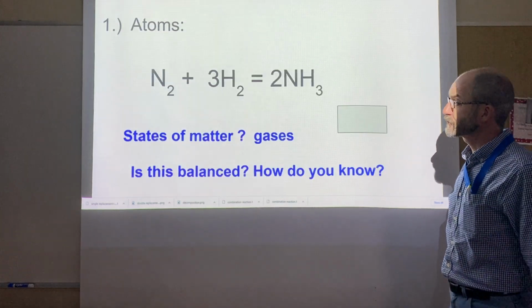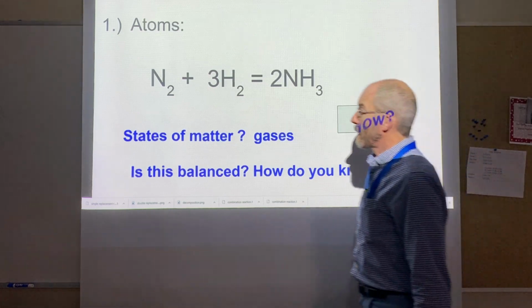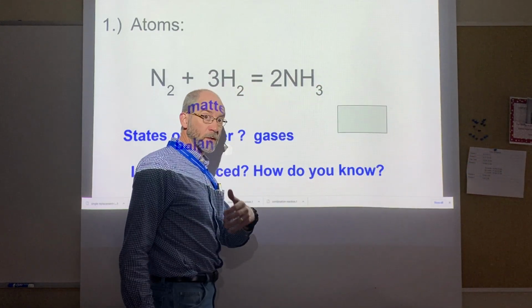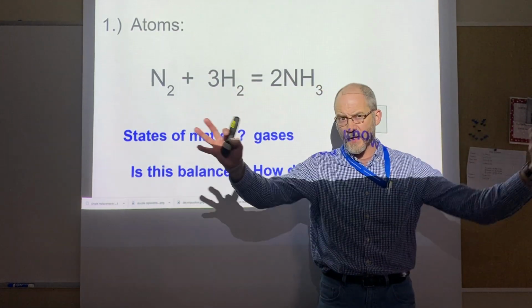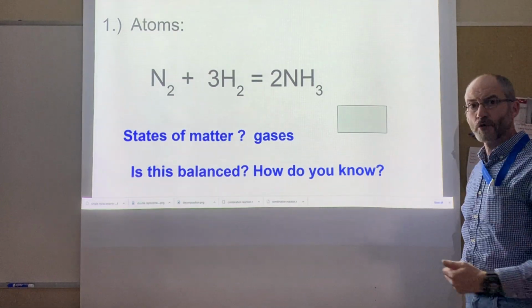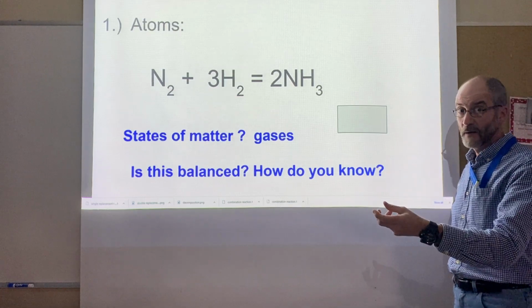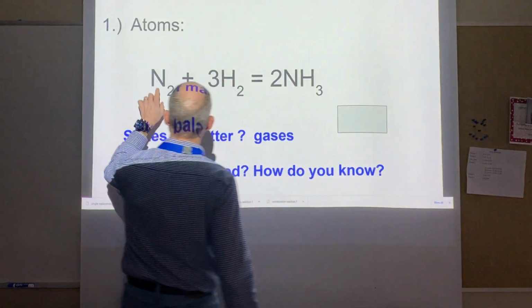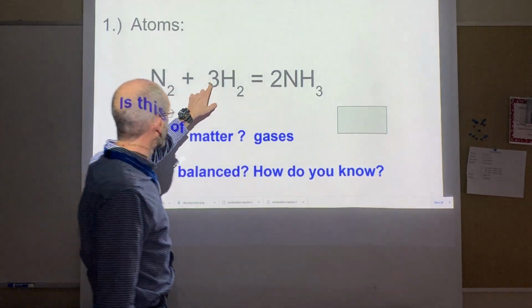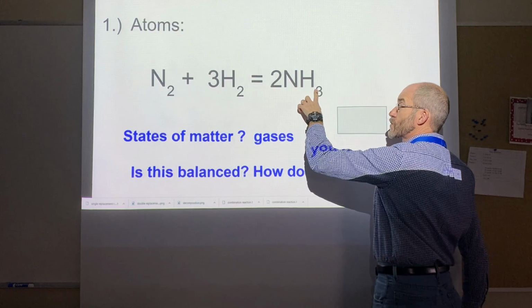So here we go. So number 1, let's consider the number of atoms. Now, this is also going to be fairly easy to you, big picture-wise, because you already know how much we've harped on balanced. You know how much we've harped on the law of conservation of matter. So here we have a diatomic nitrogen, we have 3 diatomic hydrogens, and we have the creation of NH3.